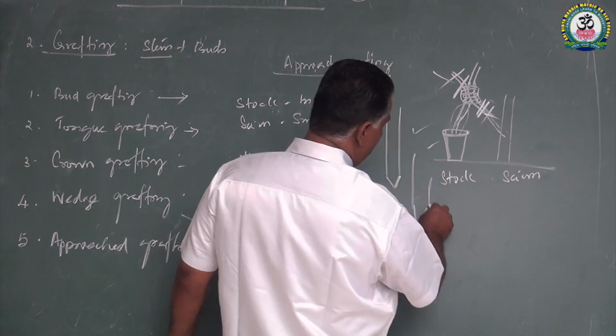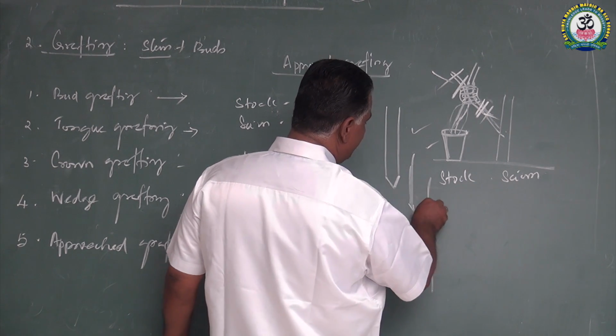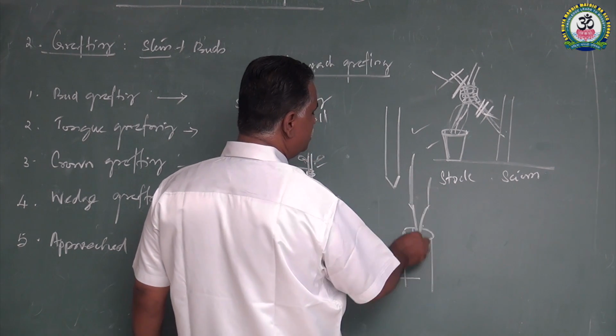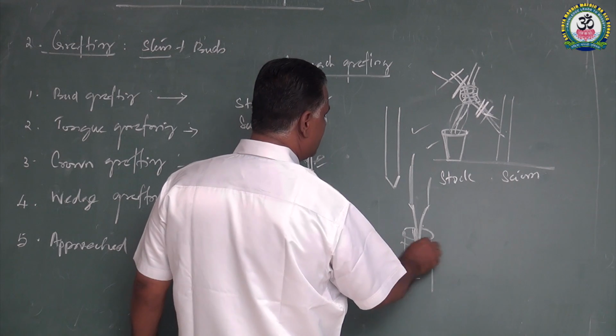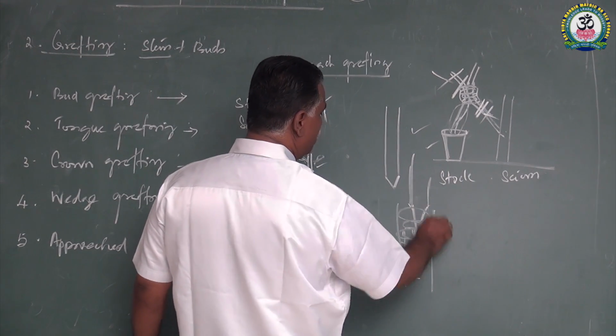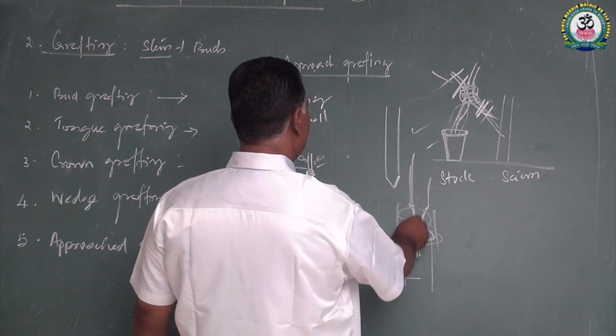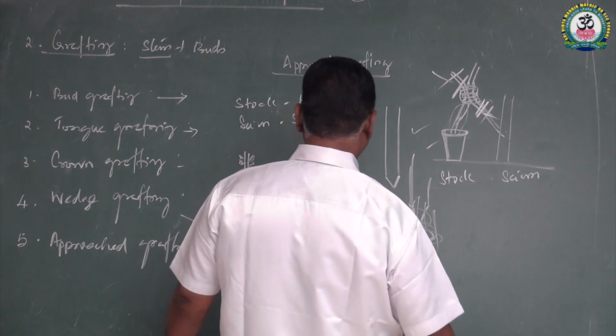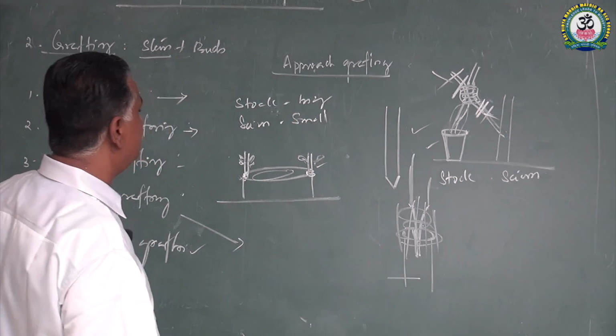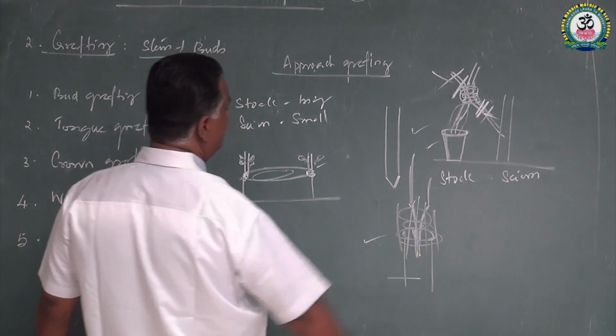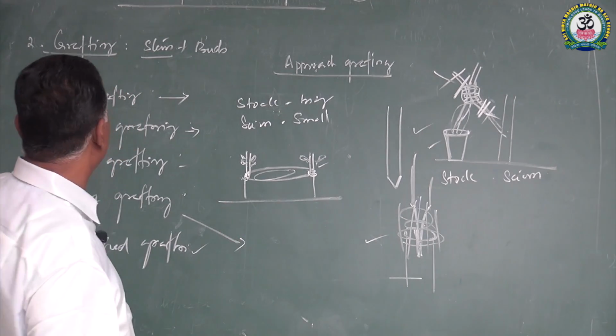The scion is wedge shaped, and if it is covered with some kind of polythene paper, after some time the vascular connectivity, the xylem-phloem connection, will be established and the plant will grow naturally. So this is another kind of grafting.